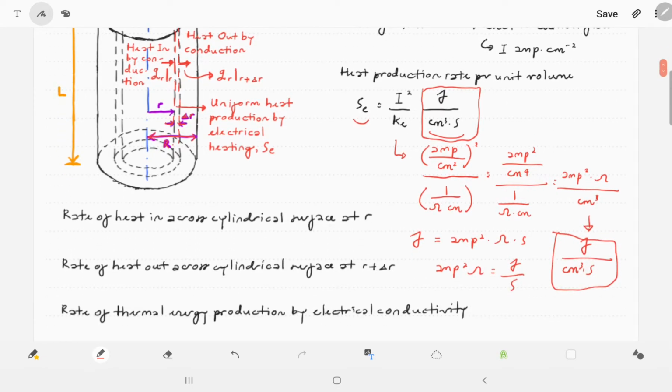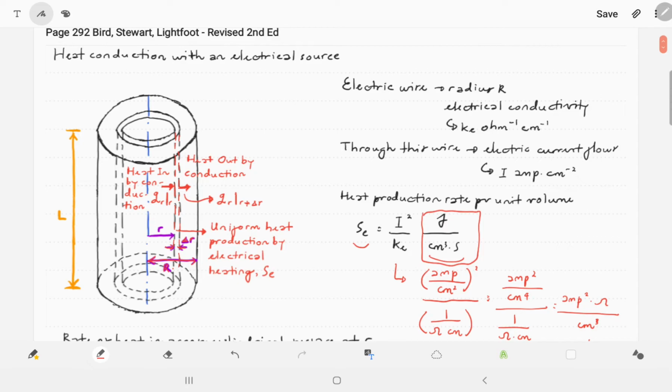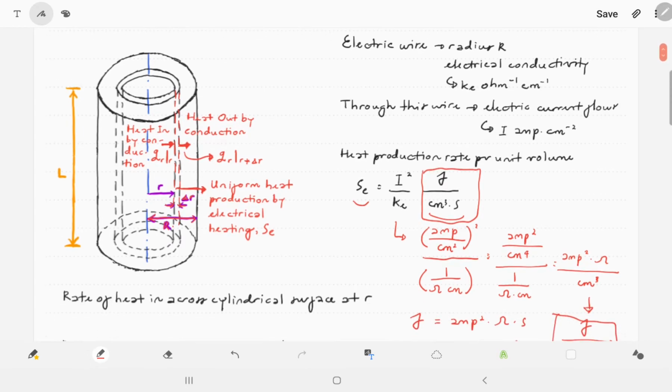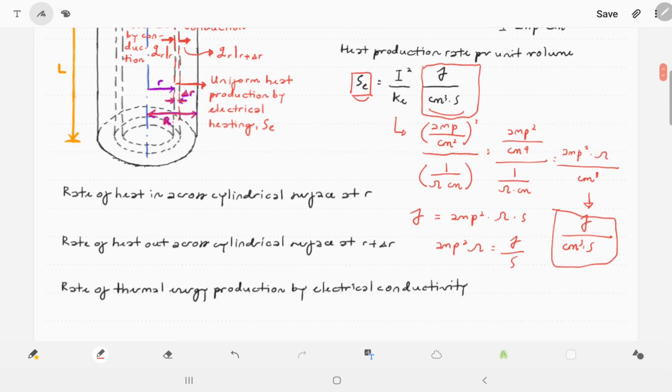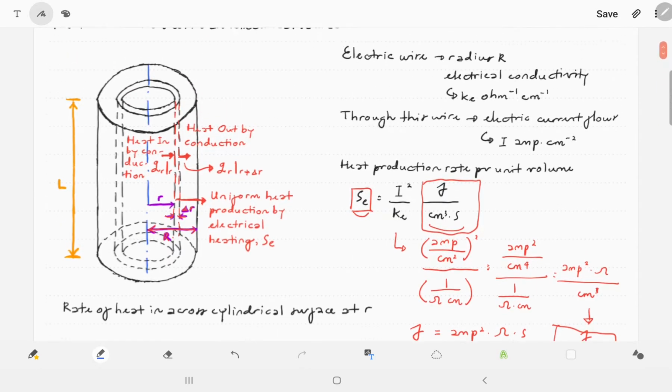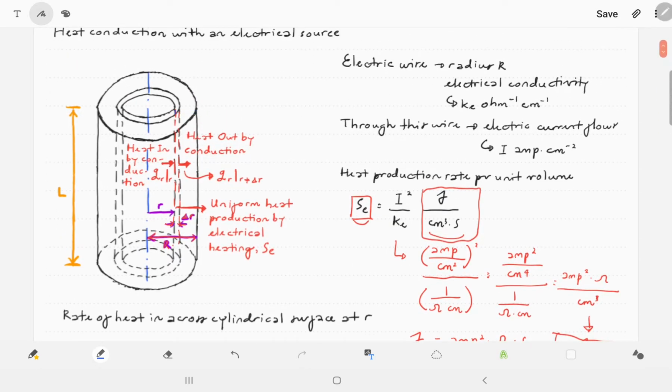We draw the heat in by conduction, the heat out by conduction, and we know that there is also a uniform heat production by electrical heating, which is indicated by this term. So what is the rate of heat in across the cylindrical surface at r?